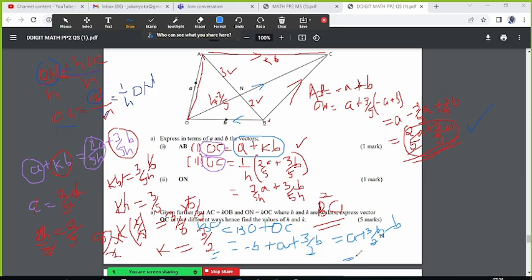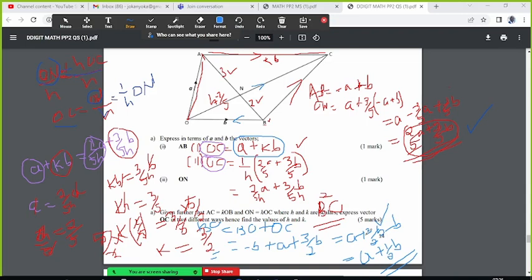So 3 over 2 minus 1 gives A plus a half B. Are we together? This is 3 over 2 minus 1, it is a half. And that's the value of vector BC.